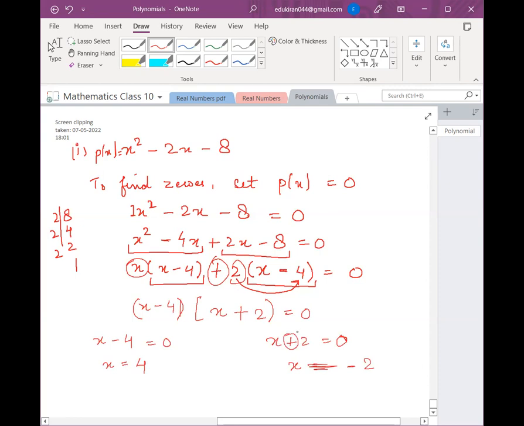Because here it is positive, it will go that side, it will become negative. So x is equal to 4 and x is equal to minus 2 are the two zeros of this polynomial. So the first part of the question we have done, which says find the zero. So we have found the zero. Clear? Now look at the next thing he's saying. So this is one zero, this is another zero.